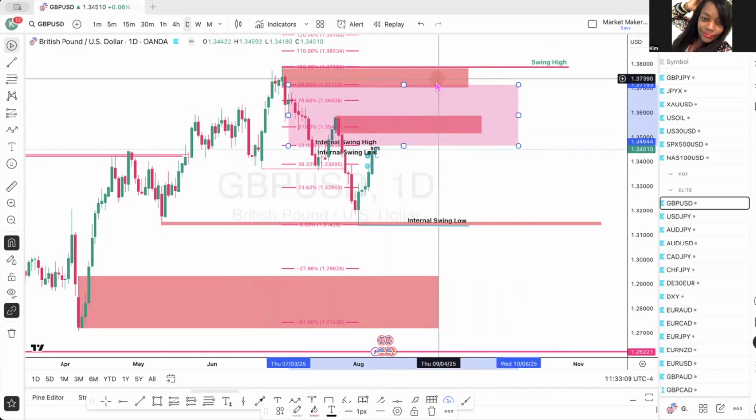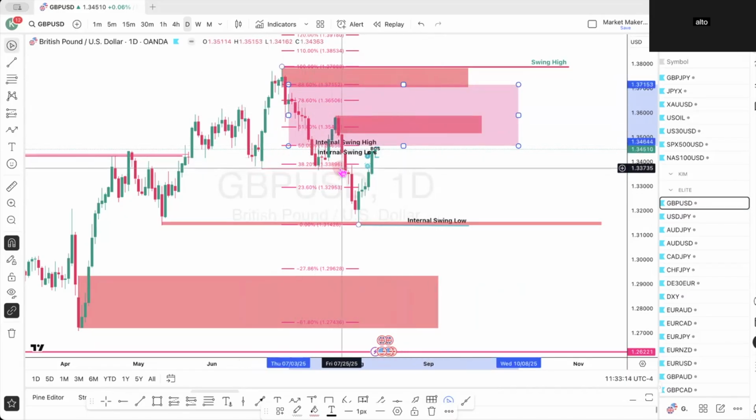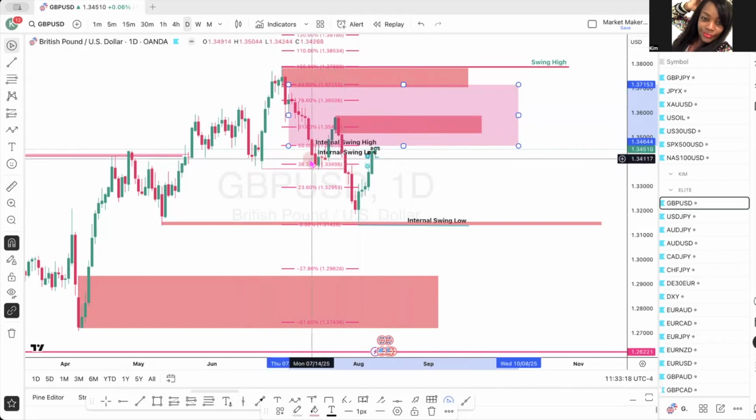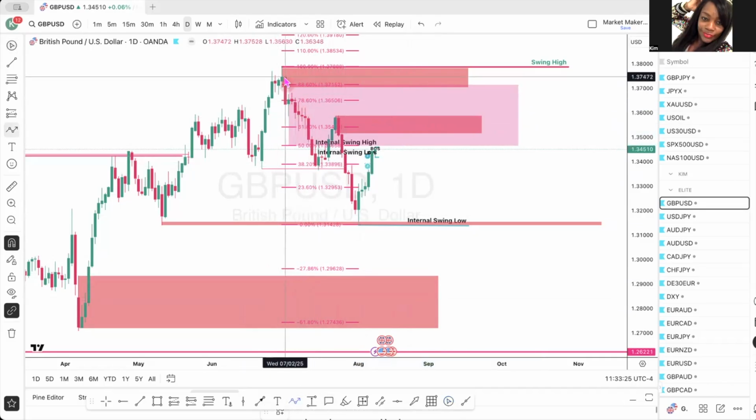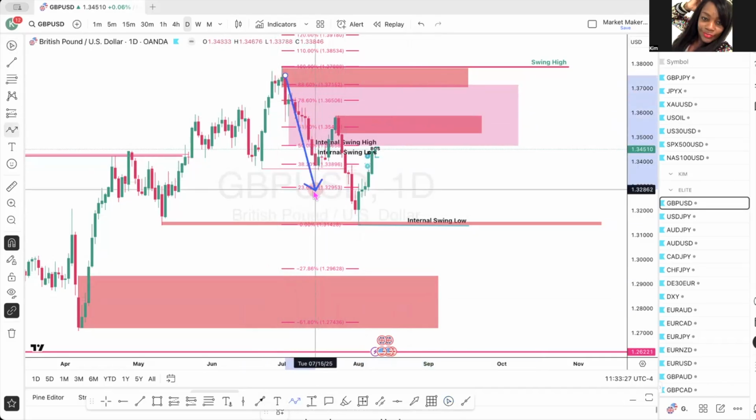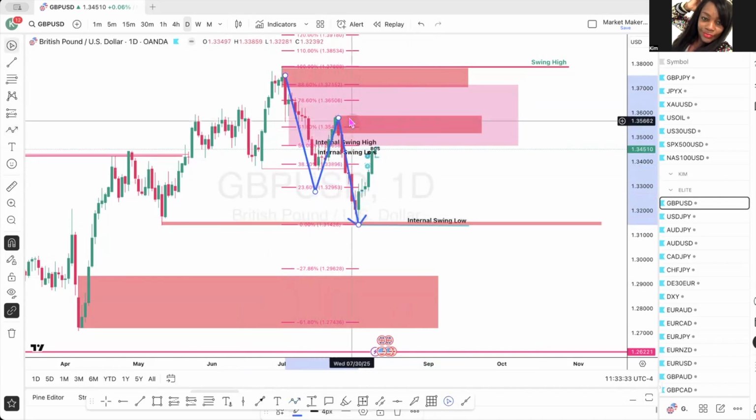I would be looking for sells from up here, because my market structure shift was right here and not right here. If price came up here, broke my market structure zone first, then pulled back and pushed down, this would be where I would be looking to sell from. So this is why I marked up both zones.